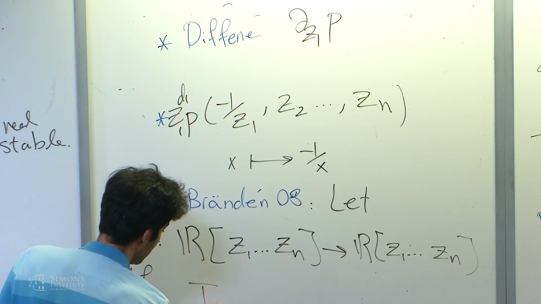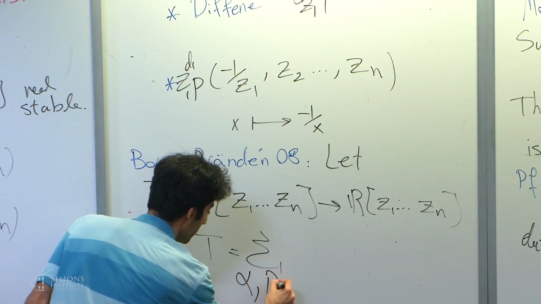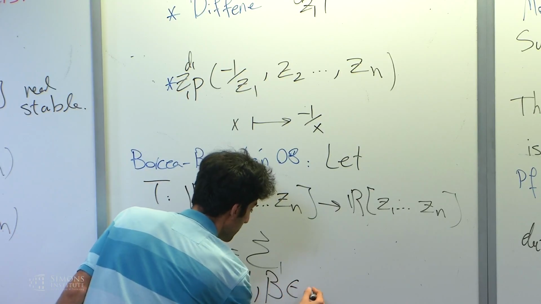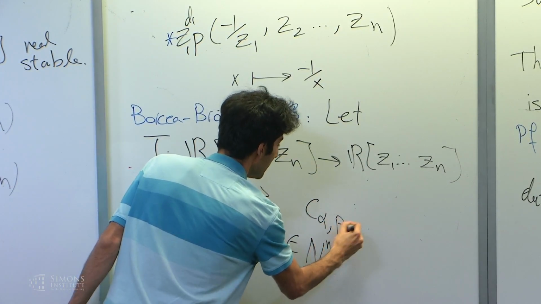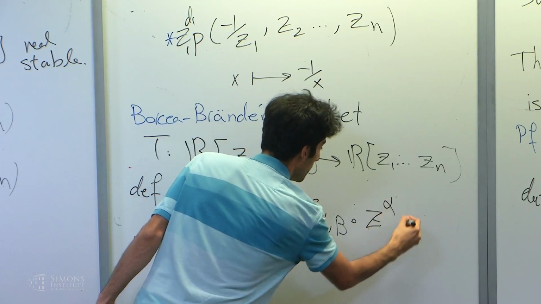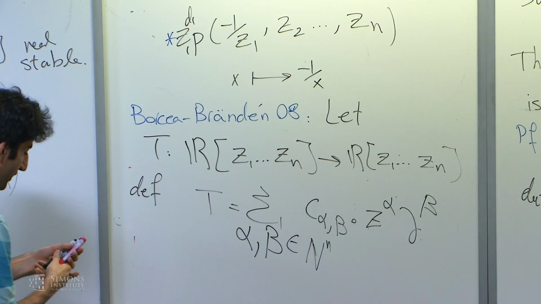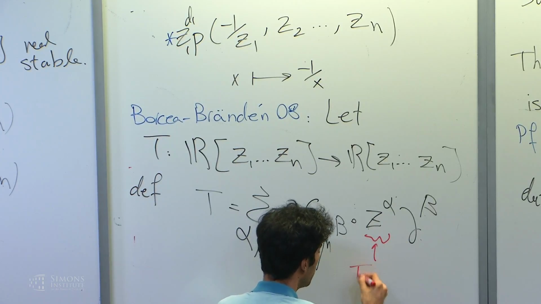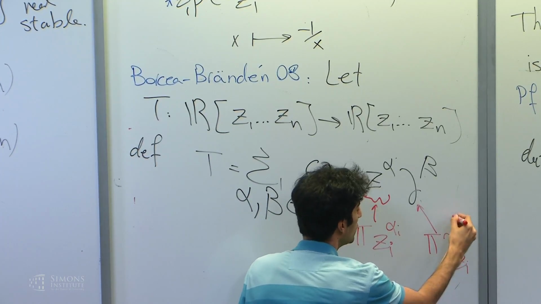T is equal to the summation over all vectors alpha and beta, which are non-negative integer vectors in N to the n, of C of alpha comma beta times z to the alpha partial to the beta. Here z to the alpha is the same notation I used before: the product of zi to the alpha i. And partial to the beta is the product of partial zi to the beta i.